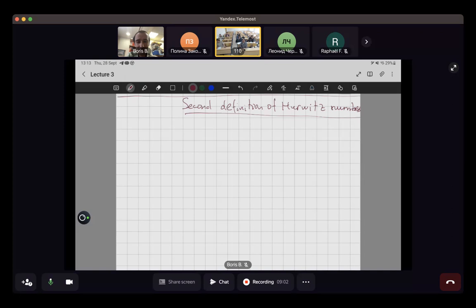So F is ramified. In fact, the equivalence classes of ramified coverings of S2 by M such that... let me draw a picture.